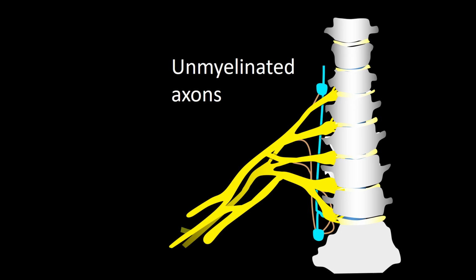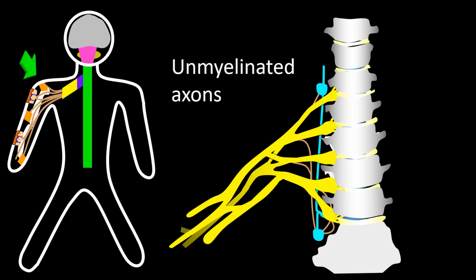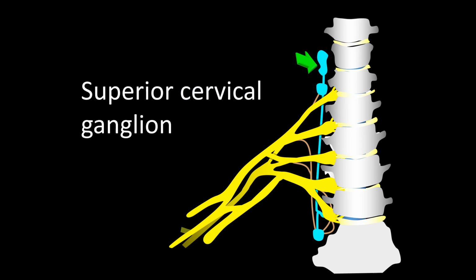From these 2 ganglia, sympathetic neurons produce unmyelinated axons that provide sympathetic innervation to the upper extremity. The 3rd ganglion reached by the sympathetic chain is the superior cervical ganglion.